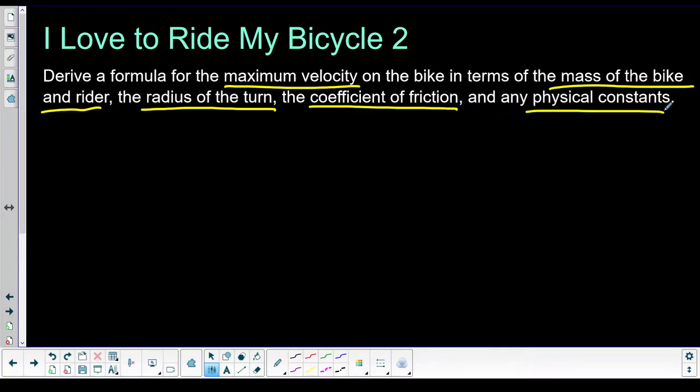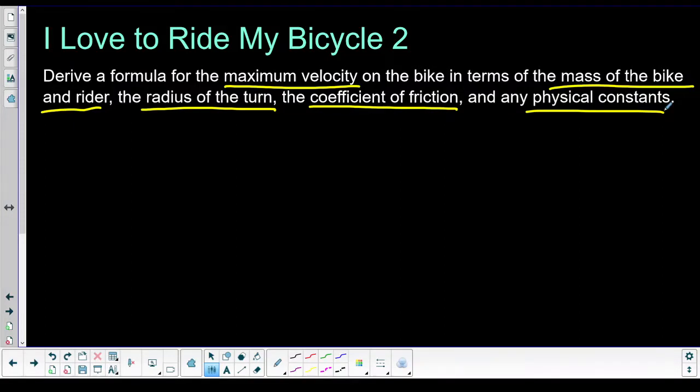So this could be the acceleration due to gravity, g. But any physical constants like the mass of a proton, the mass of the Earth, any stuff like that. But probably just lowercase g, the acceleration due to gravity.